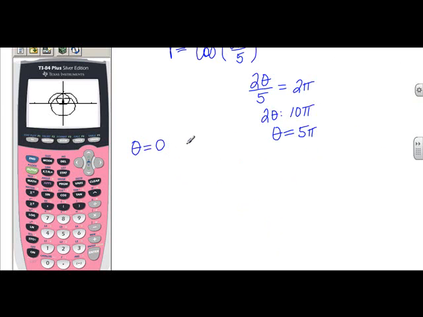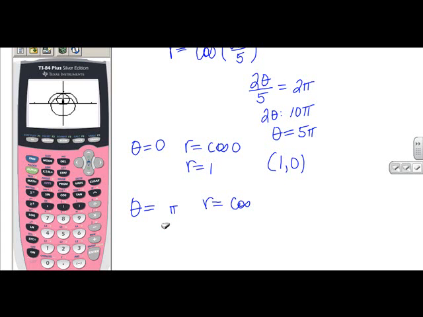And when theta is 5 pi, that was the last one I tried, then r is equal to the cosine of 2 times 5 pi over 5.